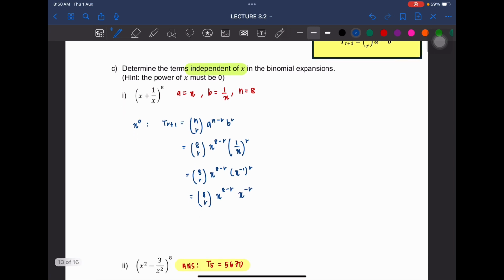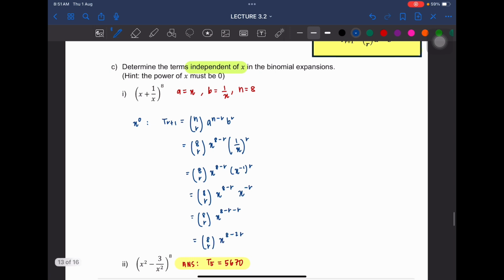Okay, so we can simplify more because we have the same base over here. So the powers are going to be added. Okay, so 8 choose r. So 8 minus r plus negative r, so that becomes negative r. So we get 8 choose r, x to the power of 8 minus 2r.